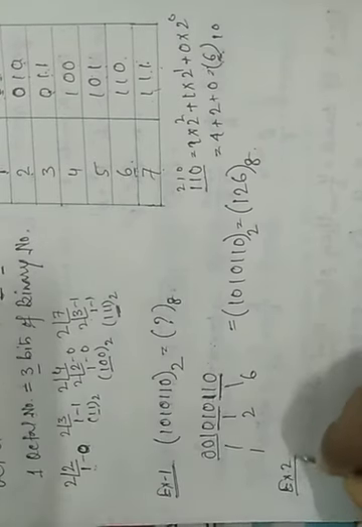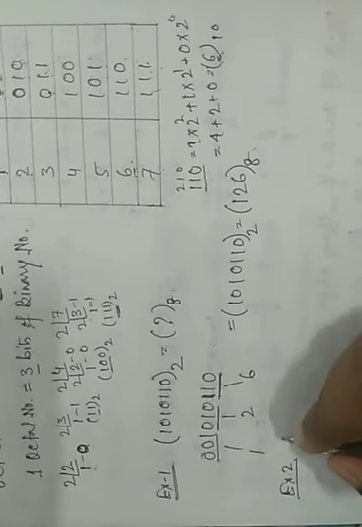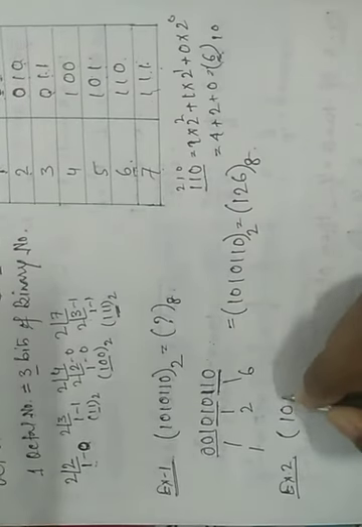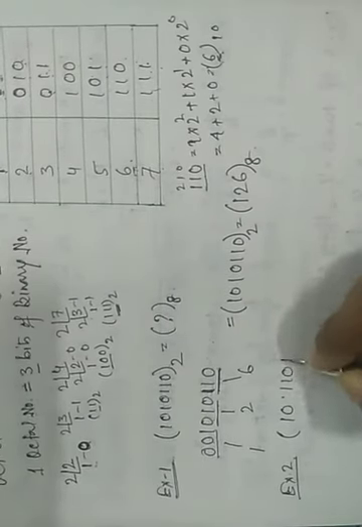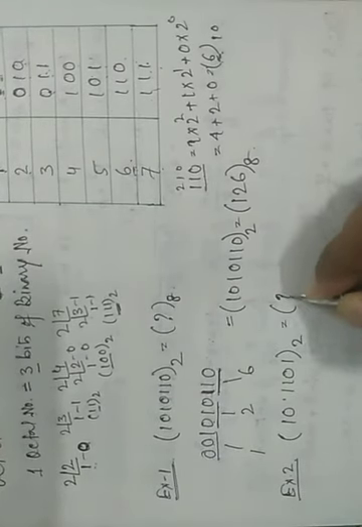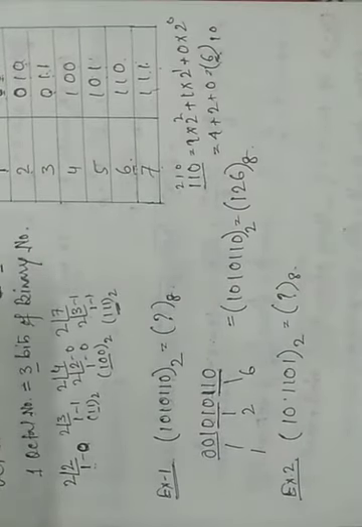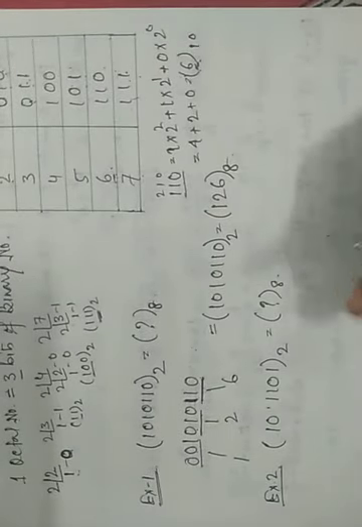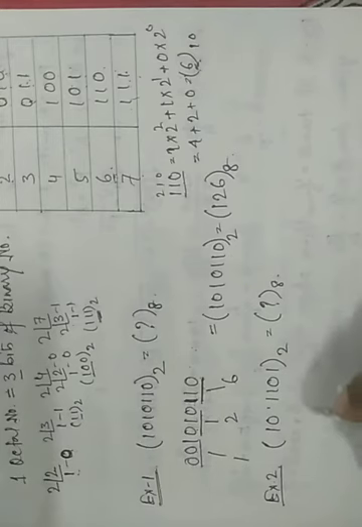Example 2, using a decimal value. Suppose we use 10.1101 in base 2 equals to base 8. Okay, now what is our method? We have to group it by 3 bits.